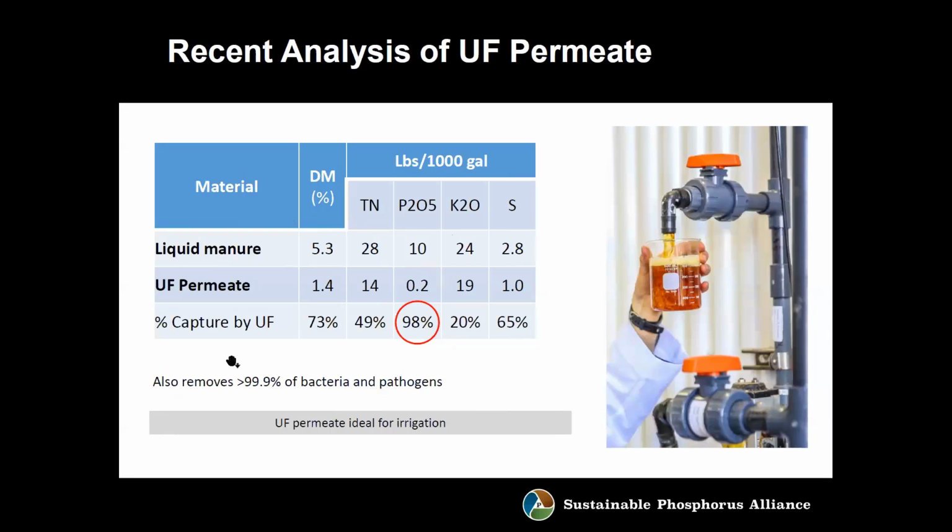Every time we've tested for total coliforms or E. coli, it performs at greater than 99.9% removal, basically to non-detect levels. So it's a very reliable, robust filter that has very consistent performance day to day.